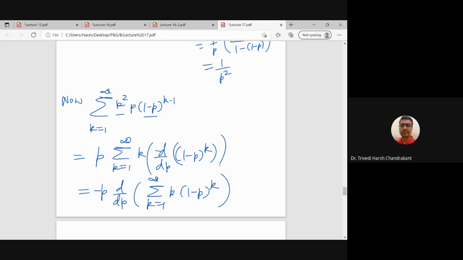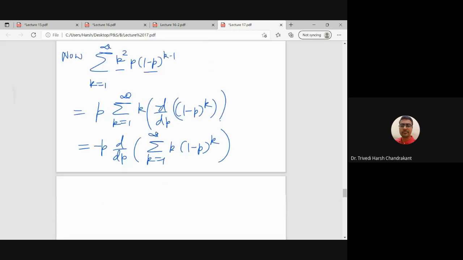So now we know we have found the expectation in which we added this type of series, but we have k times (1 minus p) to the power k minus 1, right? But now here we have k times (1 minus p) to the power k. We need to settle it, so we will take q outside, right? q is 1 minus p, we will take it outside.